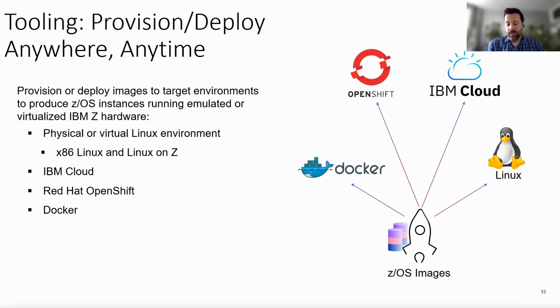Once you have your custom image there, you can go in and say, I want to provision an instance from this image, and make it happen. So the actual act of provisioning your zOS environment when it's within IBM Cloud is done through IBM Cloud. When it's on-prem, it would be done through the tooling that we provide for the different offerings.